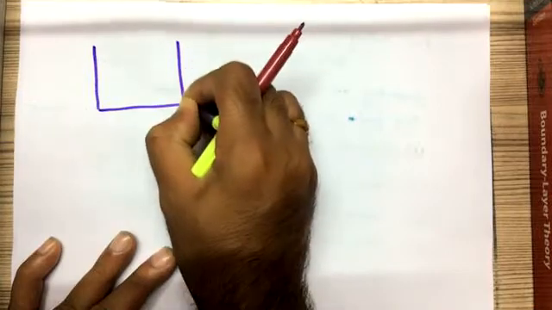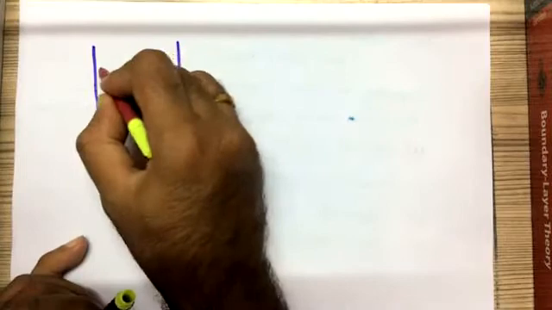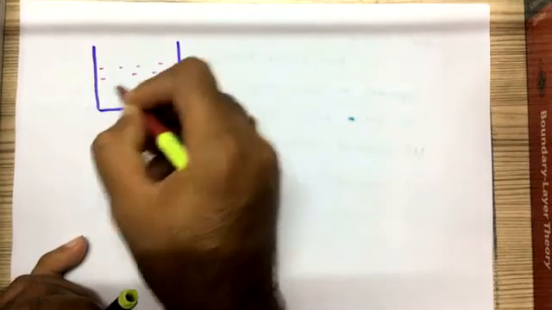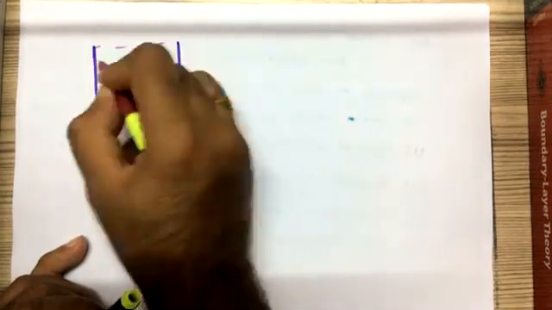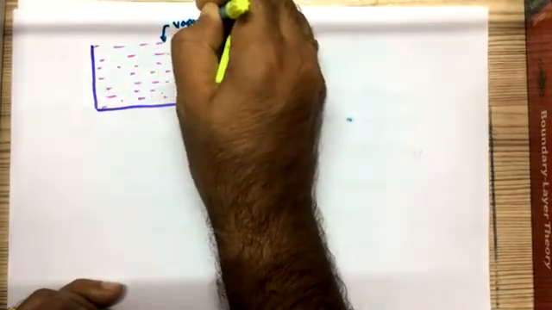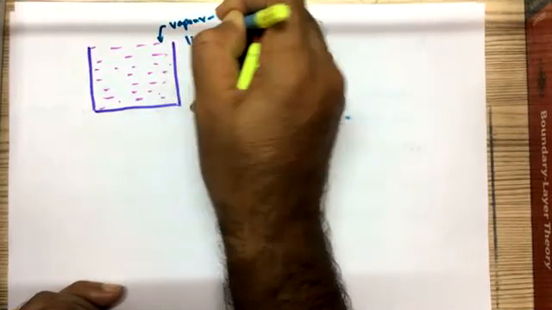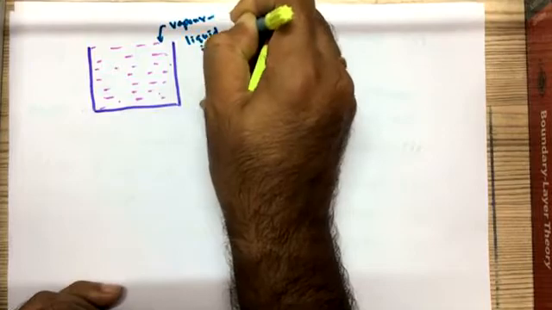Okay. So first, let me take a pan. Inside there is liquid. So this is my vapor liquid interface.